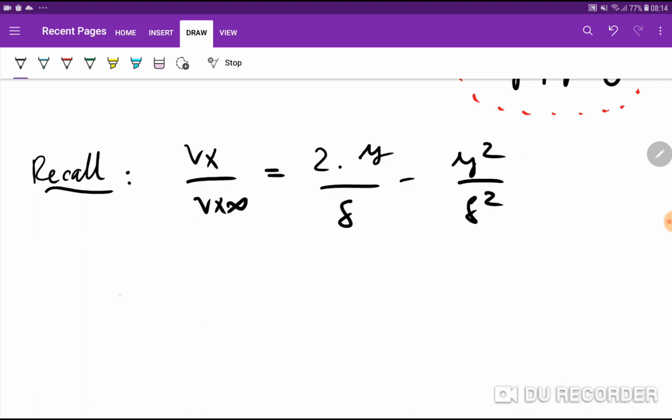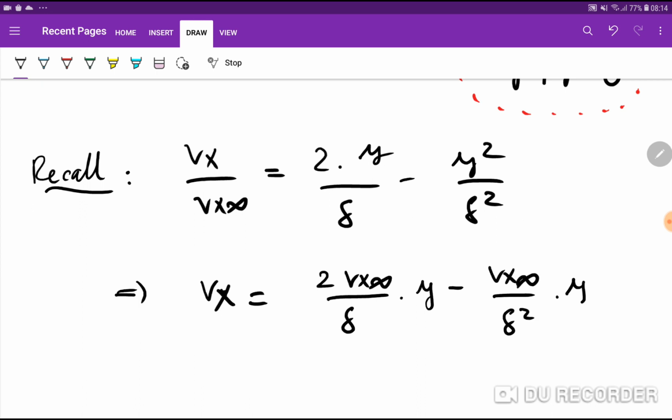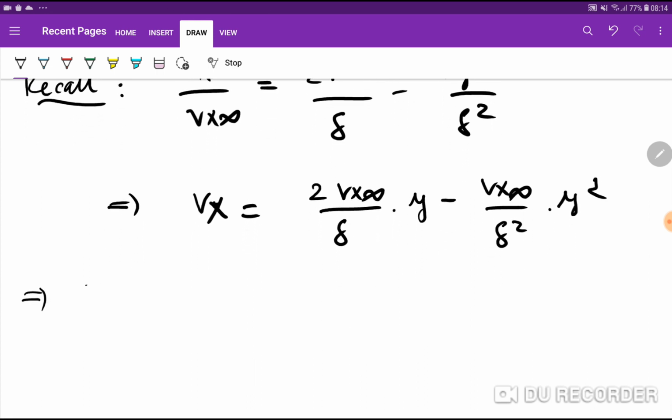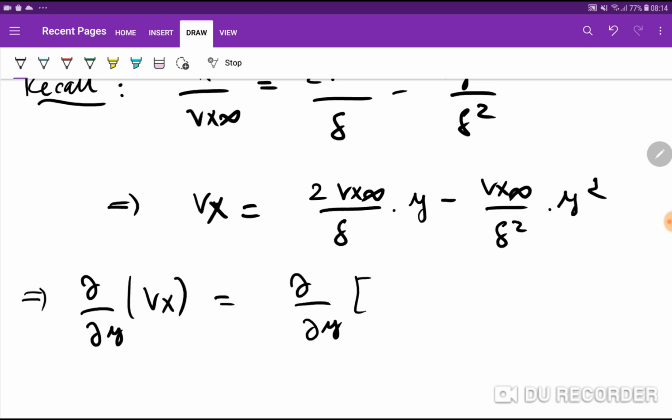This is what you're gonna do. You multiply by Vx infinity on both sides, so you get Vx equals 2 Vx infinity over δ times y minus Vx infinity over δ squared times y squared. And then you're gonna take the partial with respect to y on both sides.